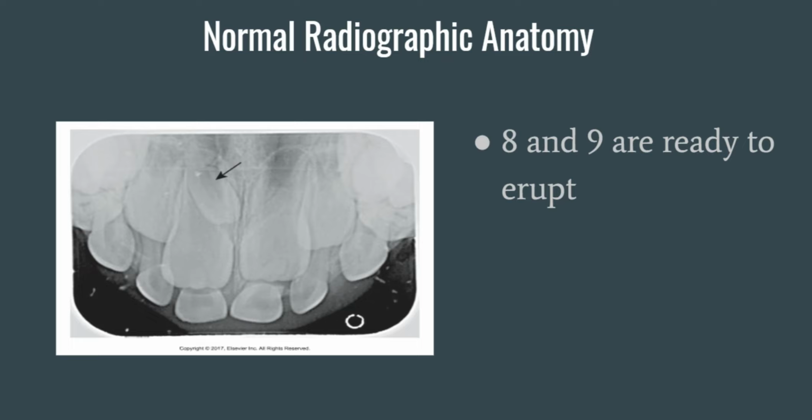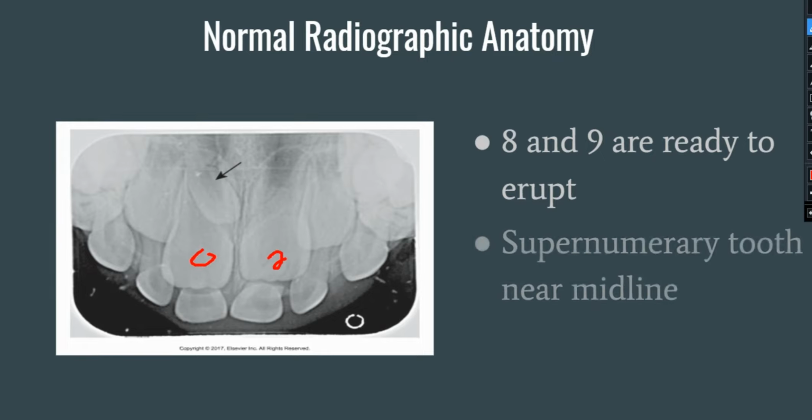On this radiograph, you can see that 8 and 9 are about to erupt. And there's also a supernumerary tooth in this area.